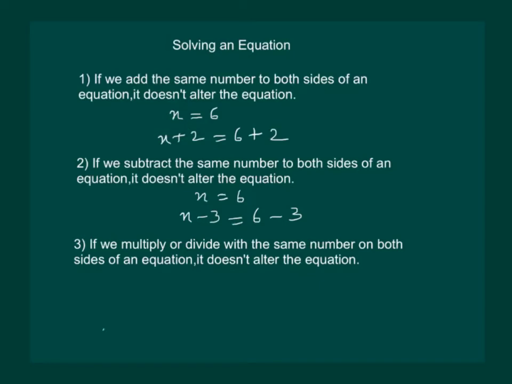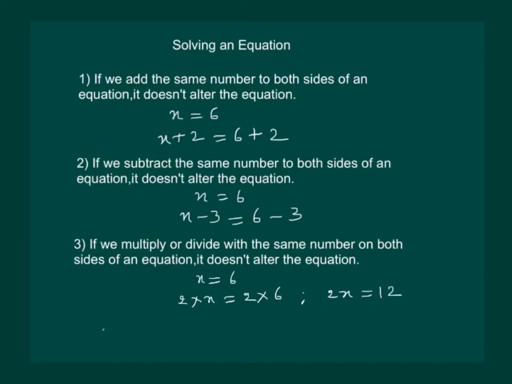Similarly, if we multiply or divide with the same number on both sides of the equation, it doesn't alter the equation. That means x equal to 6 is same as 2 into x, 2 into 6. That is 2x equal to 12.